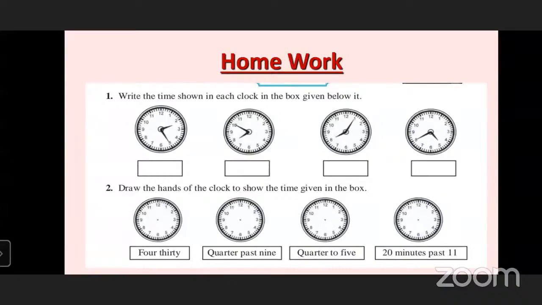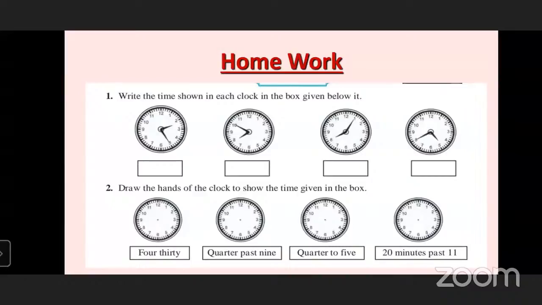In the second clock, the hour hand is on 8 and the minute hand is on 10. So it's 10 minutes to 8. Likewise, here the hour hand is on 8 and the minute hand is on 1. So 5 minutes past 8.